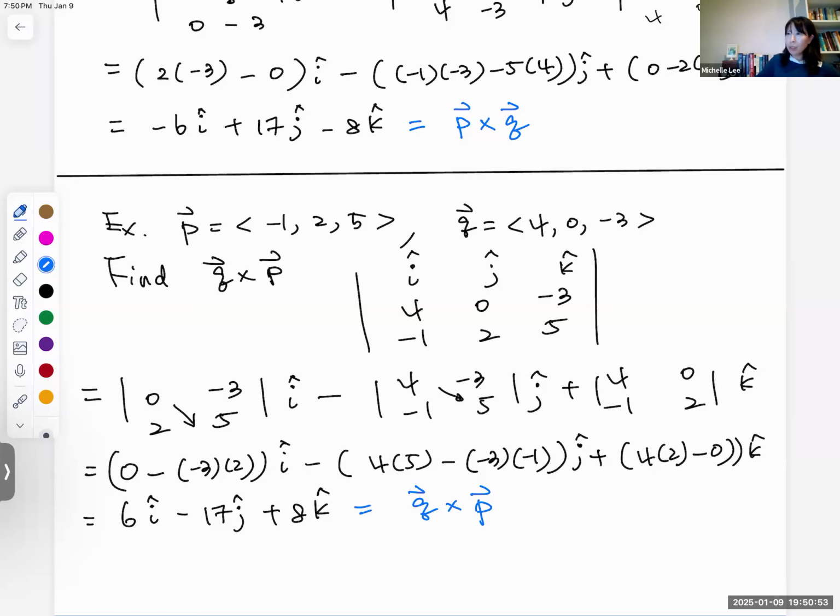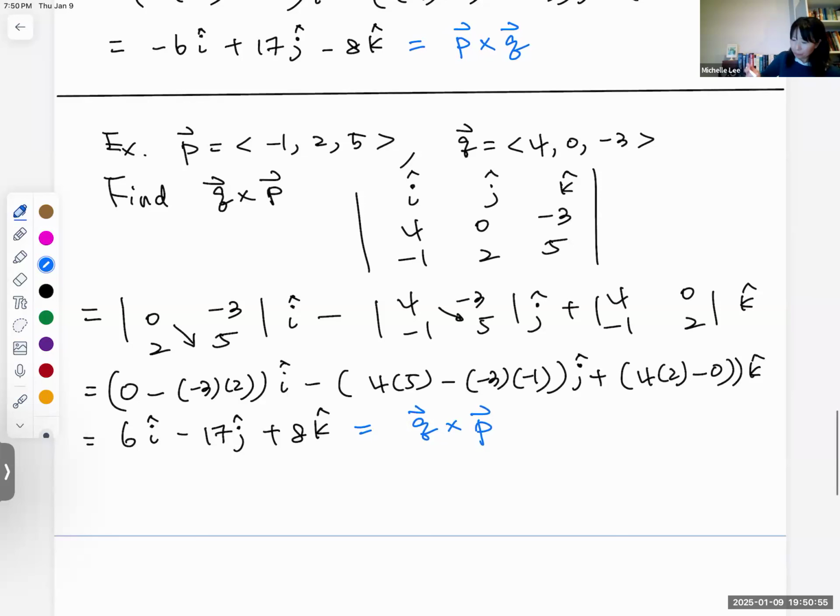Then we can say that, do you agree, the cross product of P and Q is the same as, how do you make the same? Negative, right? Negative Q cross product with P. Makes sense?